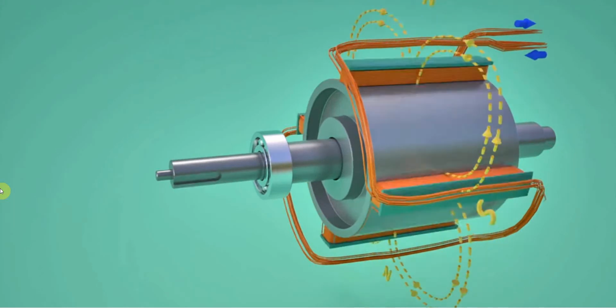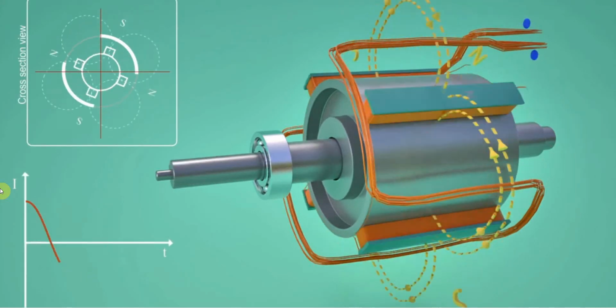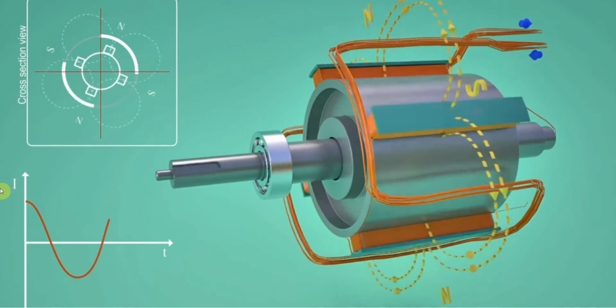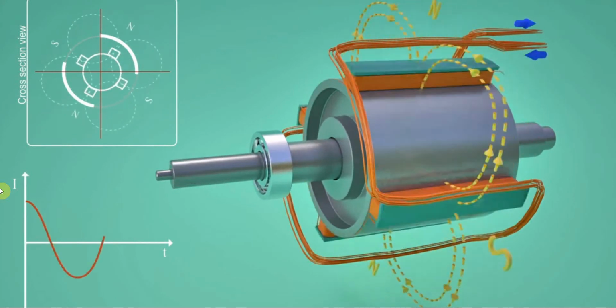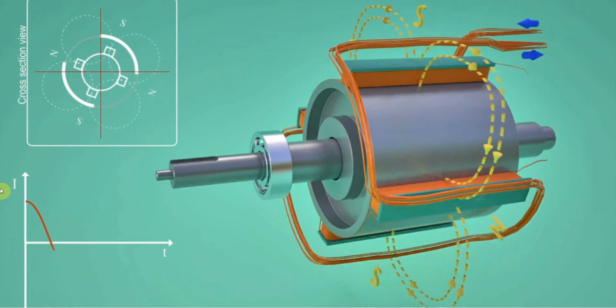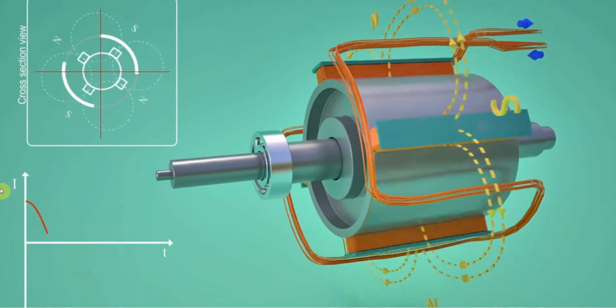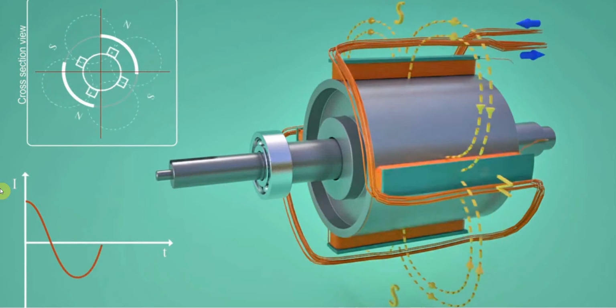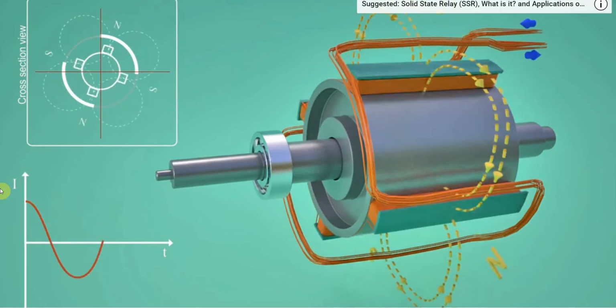Since a 4-pole rotor has 2 pairs of NS poles, when the rotor turns a half revolution, the induced EMF takes 1 complete cycle. So it is clear that the frequency of the induced EMF is directly proportional to the number of poles and rotor speed. It can be easily established that the frequency of induced EMF, rotor speed and number of poles are connected through the following relationship.